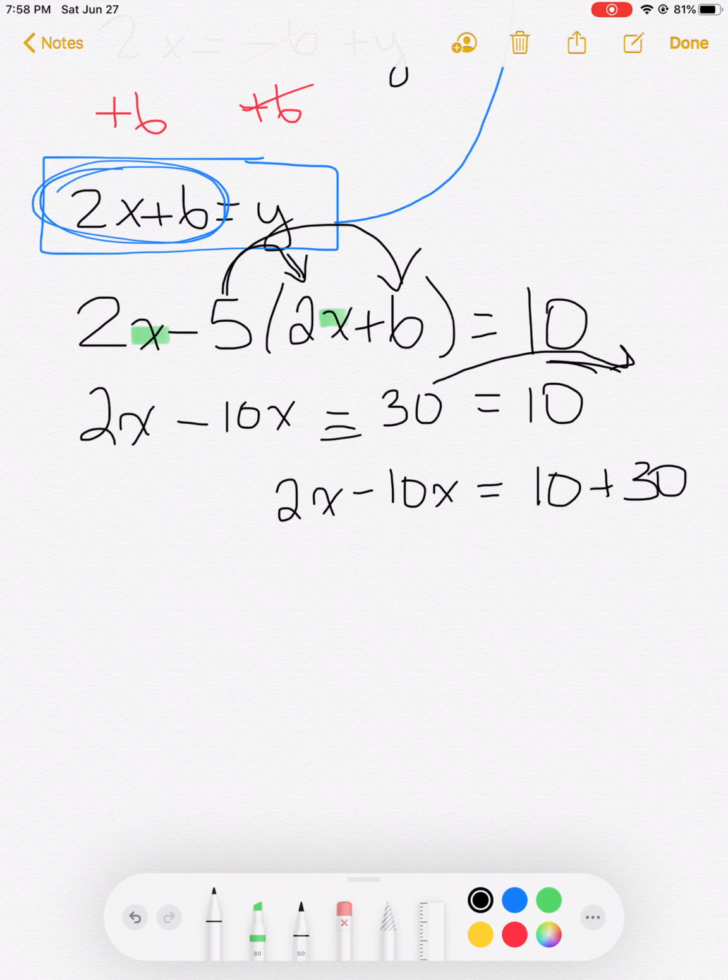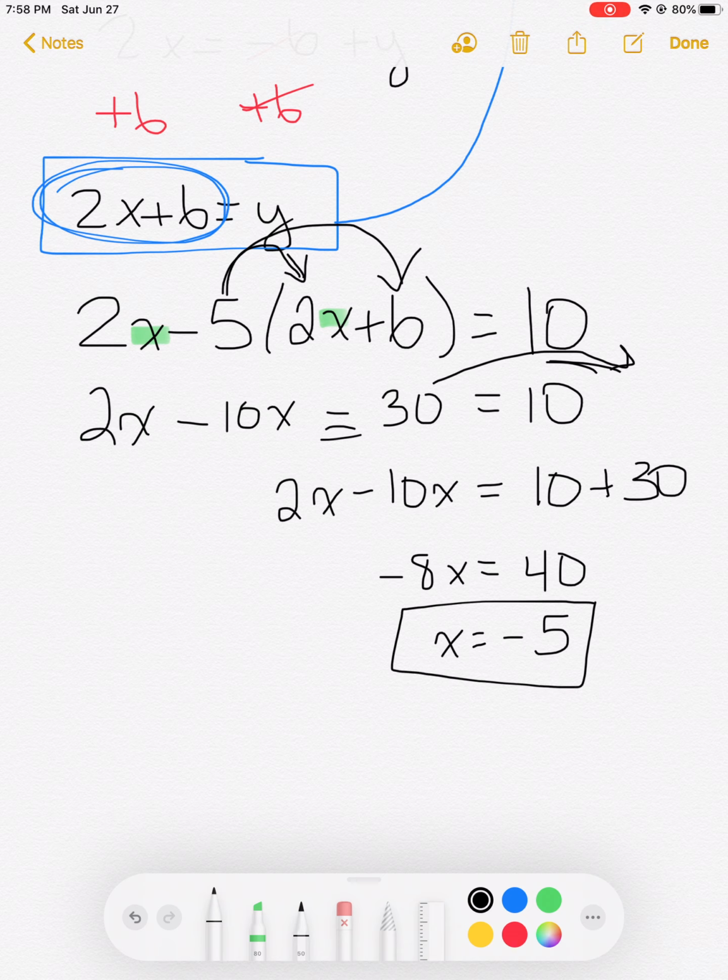Because we switched the sign. Collect like terms, so 2x minus 10x is -8x. 10 plus 30 is 40. Now I'm going to divide by -8. 40 divided by -8 is -5. So that's what my value for x is.